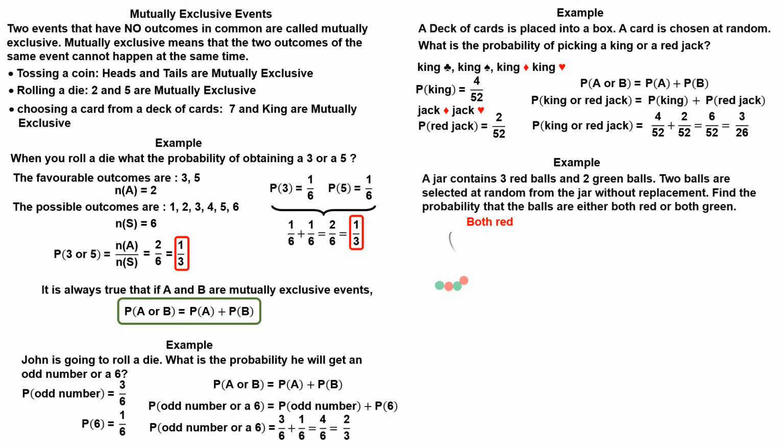Both red first. The probability of red at the first choice is 3 over 5. The probability of red at the second choice is 2 over 4.